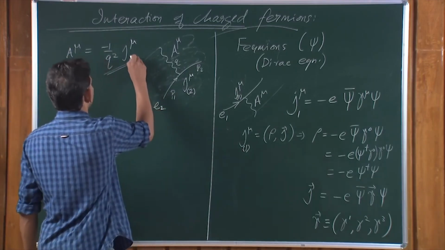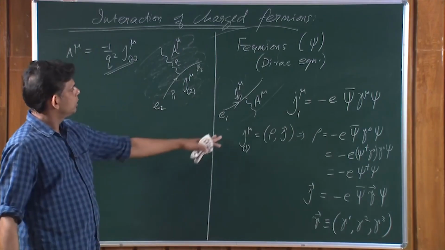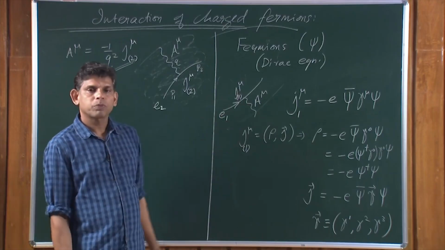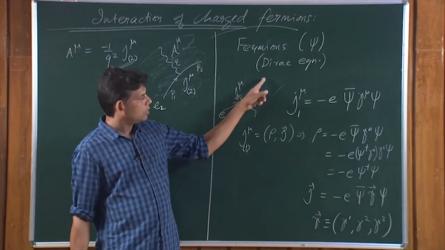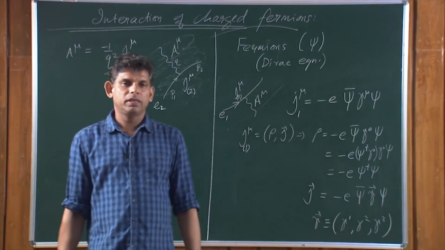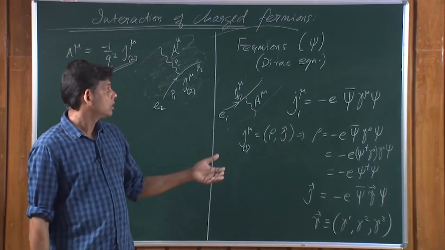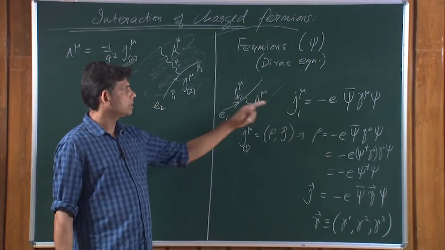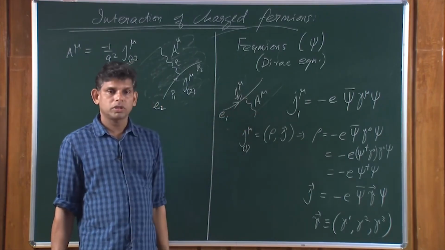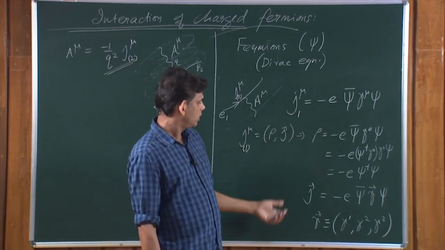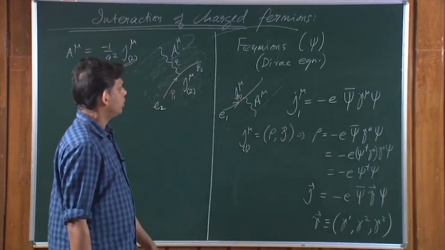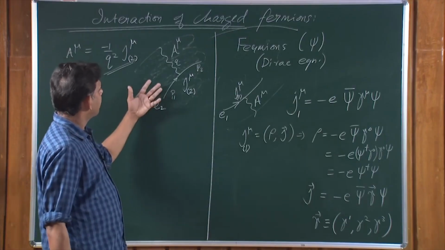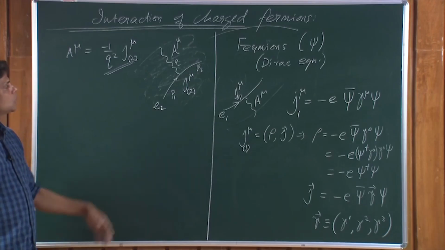And now, let me look at these together. Here we were saying that an electron encountering an electromagnetic field will interact with the photon in this manner, with the current representing the charged particle motion, the electric current itself, and then this is the A mu. Here we have the source of the current itself.